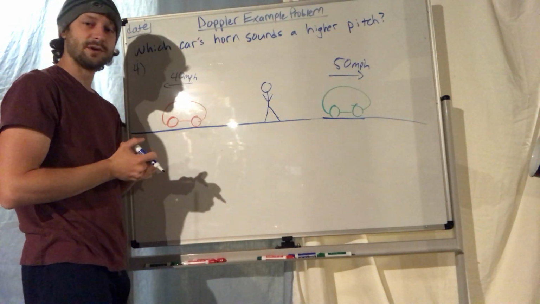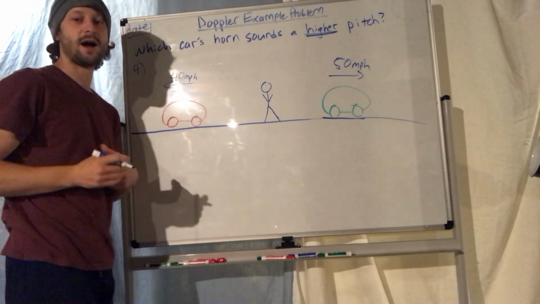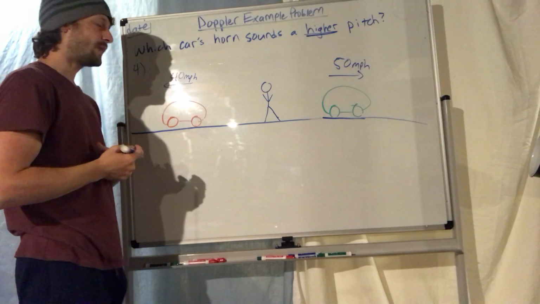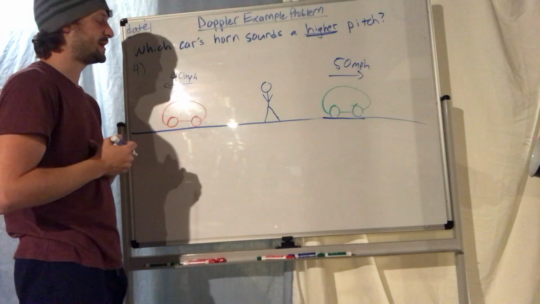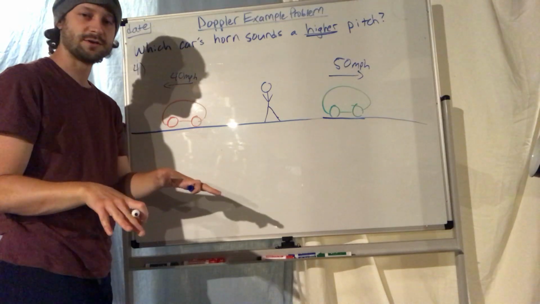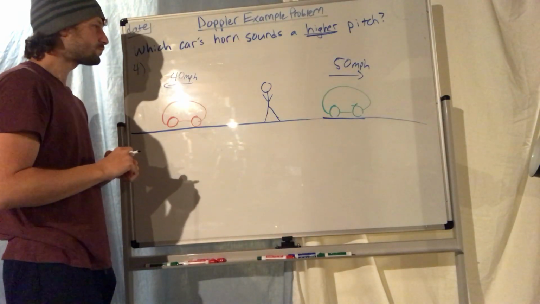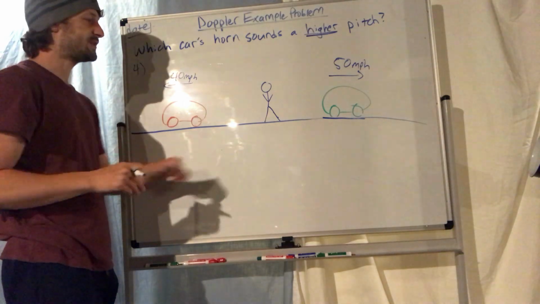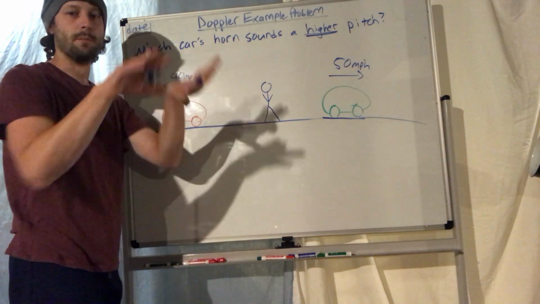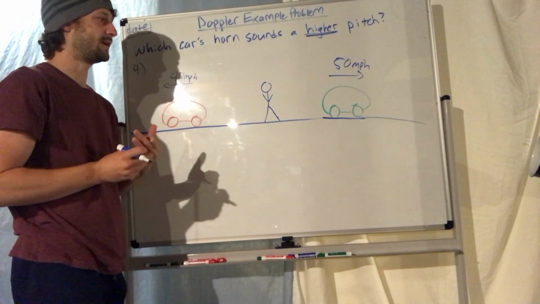So how do we determine which one is making a higher pitch sound? Remember, the question is which sounds a higher pitch. They're both kind of depressed in the pitch, both kind of bass notes here. Well, the faster you go away from the person, the lower your pitch gets, the more you experience the Doppler effect.